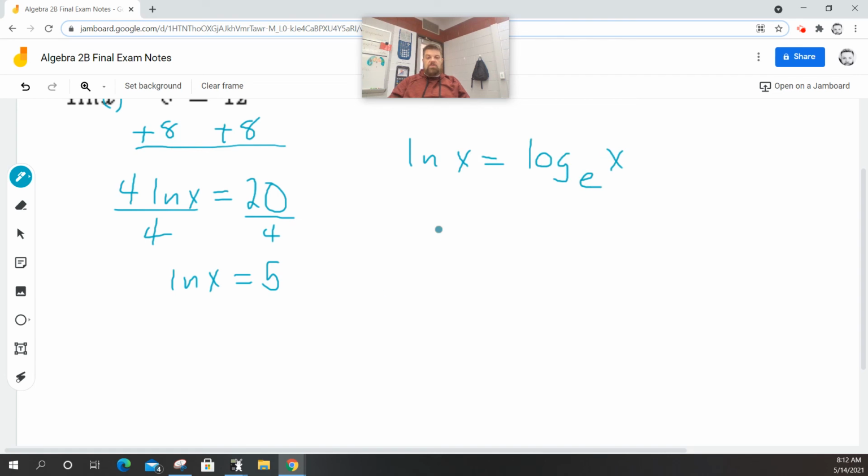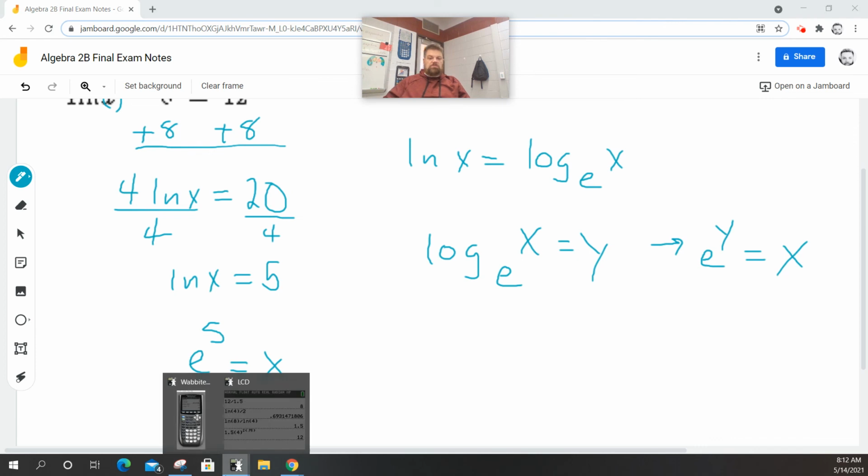So it's like saying the log base e of x equals y. Well, remember, that's the same as e to the y equals x. In other words, this should be the same as e to the 5 is equal to x.